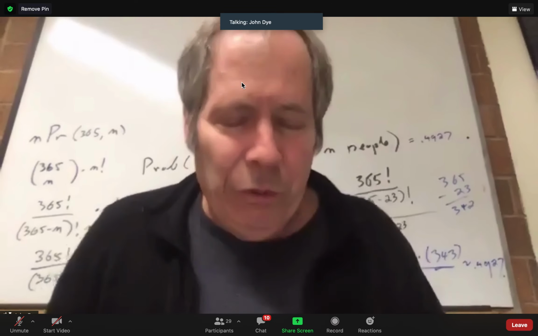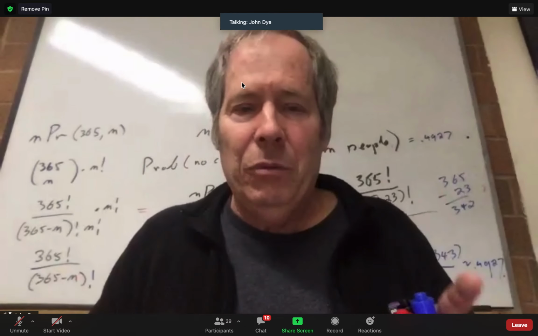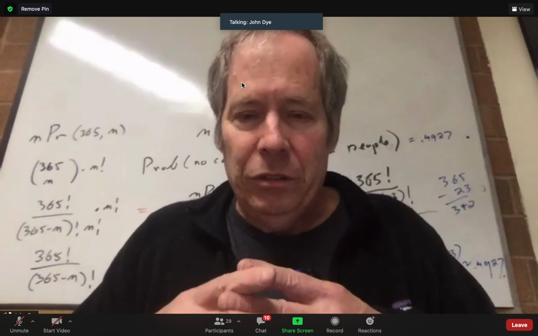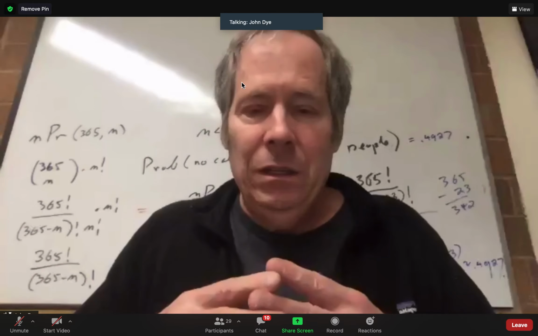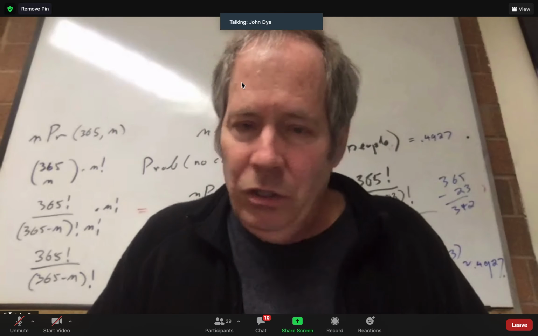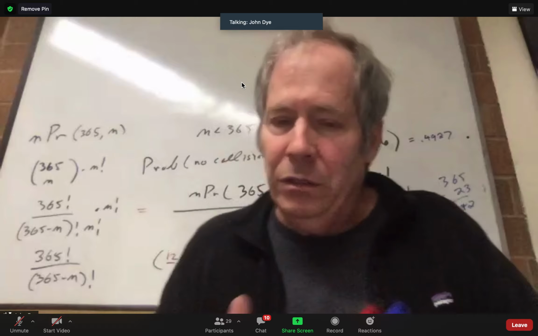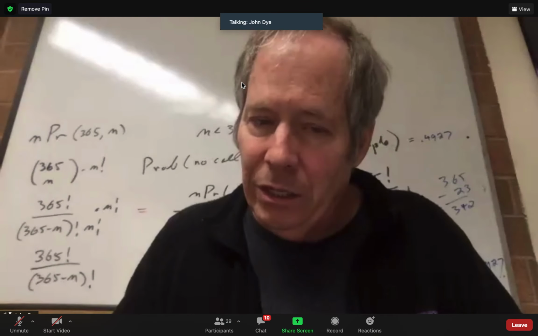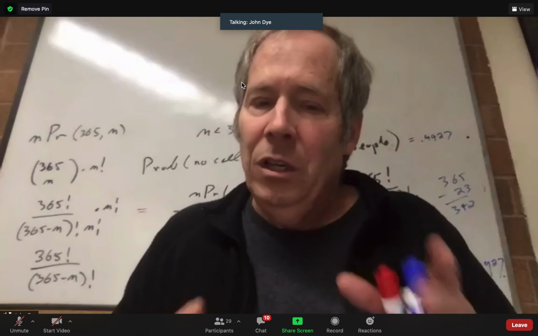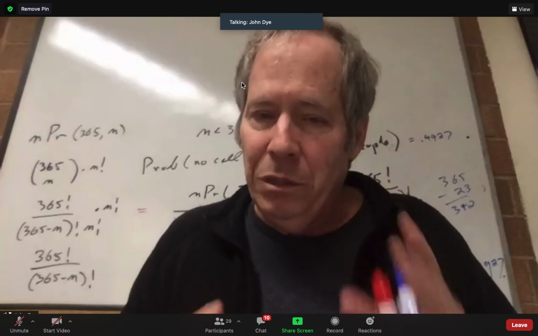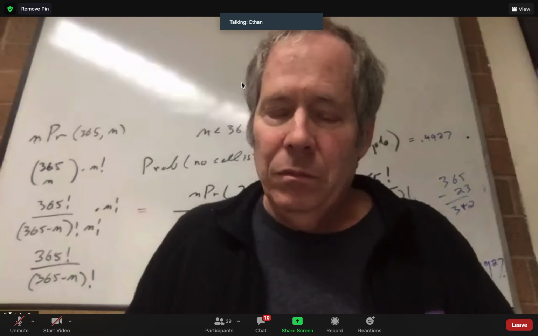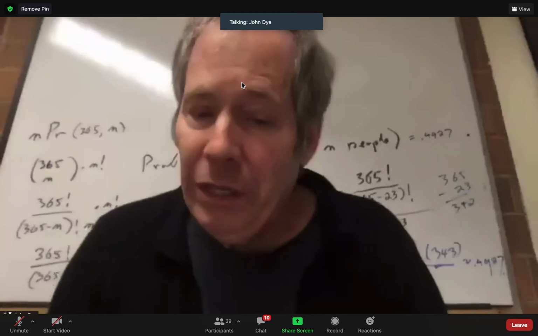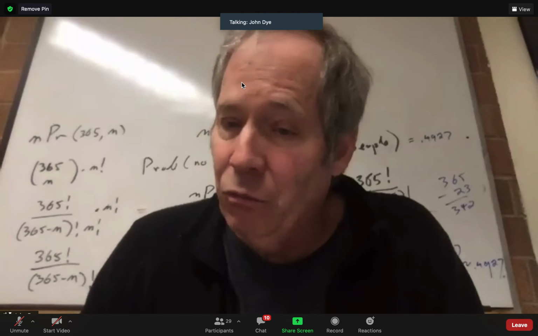Because what they're going to do is calculate the expected number of collisions if you have n people. So that's a slightly different question. Probability is hard to calculate. It's hard to do. Expectation is much easier to compute. So they solve it backwards, kind of. They're looking for something a little bit different, but it gives you a real close answer.